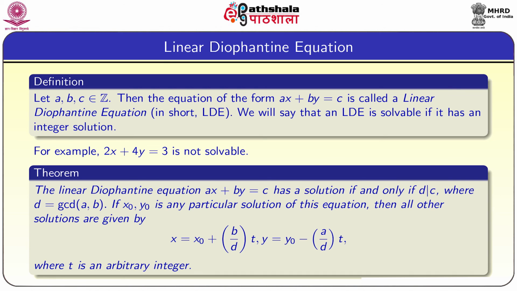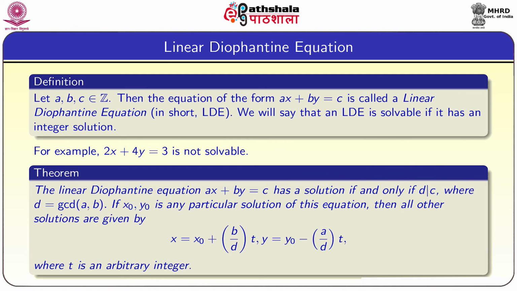It is easy to check. That means there exist no integers x and y such that 2x plus 4y is equal to 3. So, that is why we have this theorem that the linear Diophantine equation A x plus B y is equal to C has a solution if and only if D divides C. It is clear from the definition as well. The GCD of 2 comma 4 is 2, that does not divide 3. So it is easy to see that part.